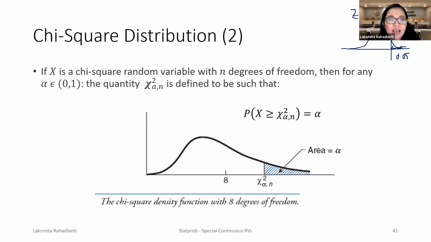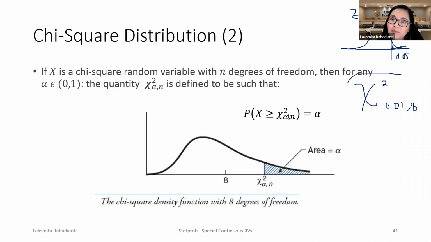So if X is a chi-square random variable with n degrees of freedom, then for any alpha, this is your alpha here, the quantile of this chi-square distribution, let's say 0.01, for example, with a degree of freedom of, for example, 8.